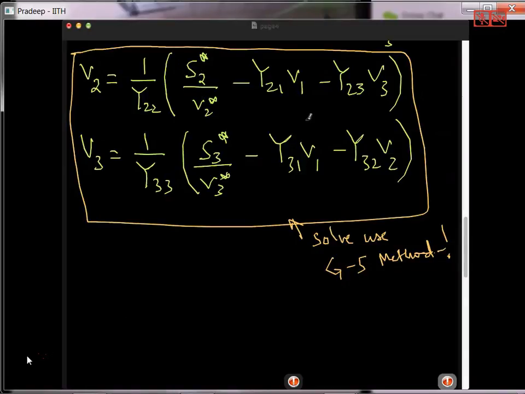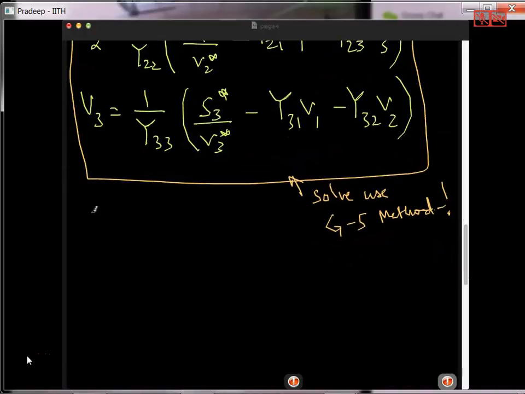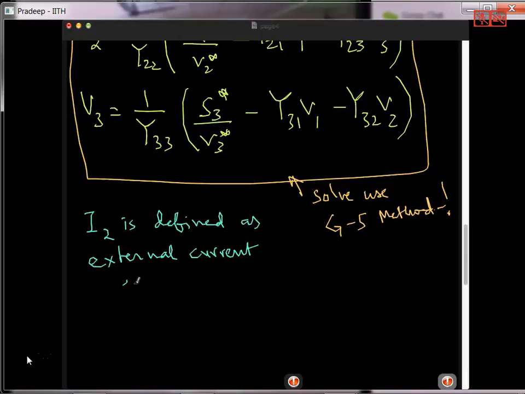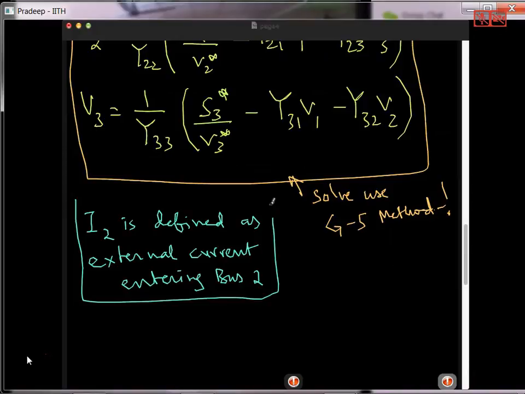So however, there is one difference. Okay, so what is the definition of I2? So I2 is defined as external current entering bus 2. Okay, so this is I2 is defined as external current entering bus 2.